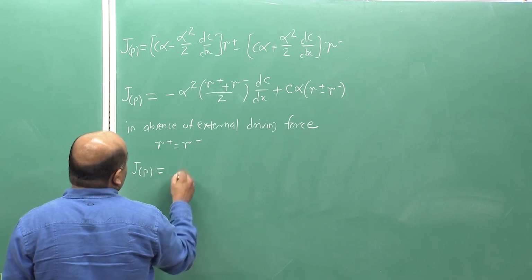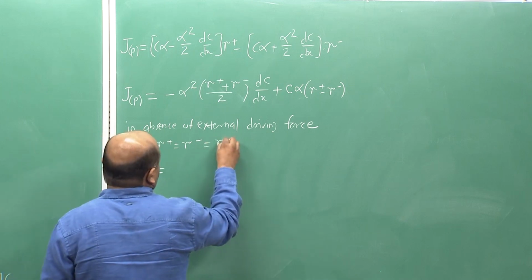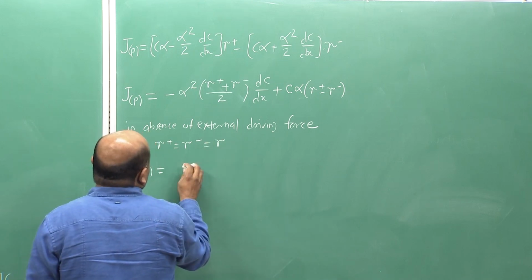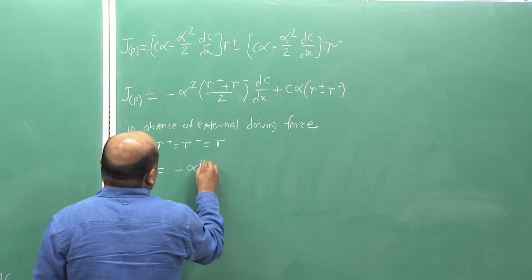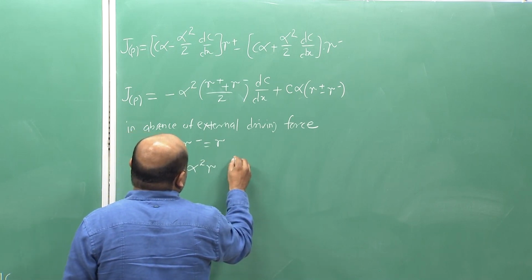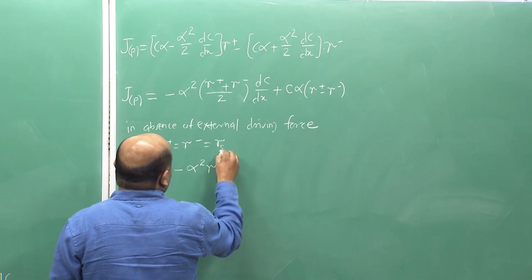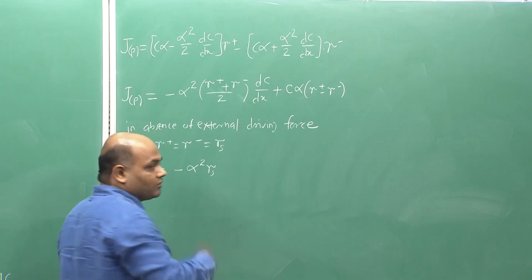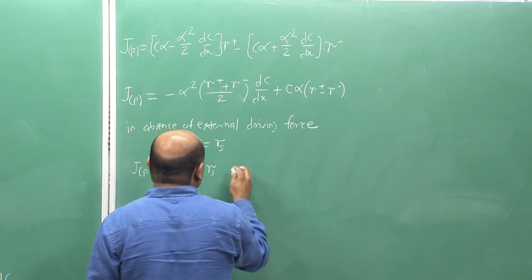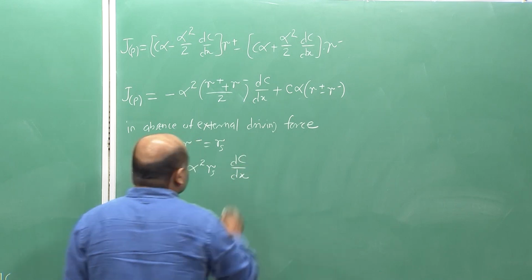So, we get Jp equal to minus alpha square gamma, let us call it gamma s, dC by dx. Gamma will be the overall jump frequency, later on we will use it.